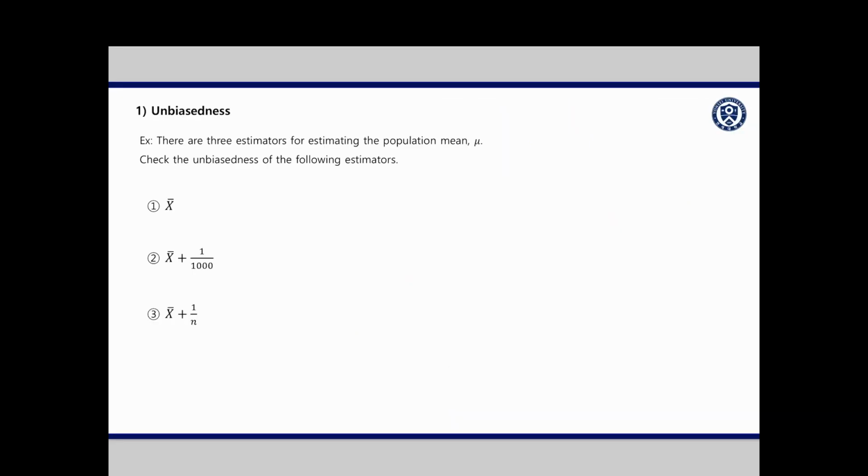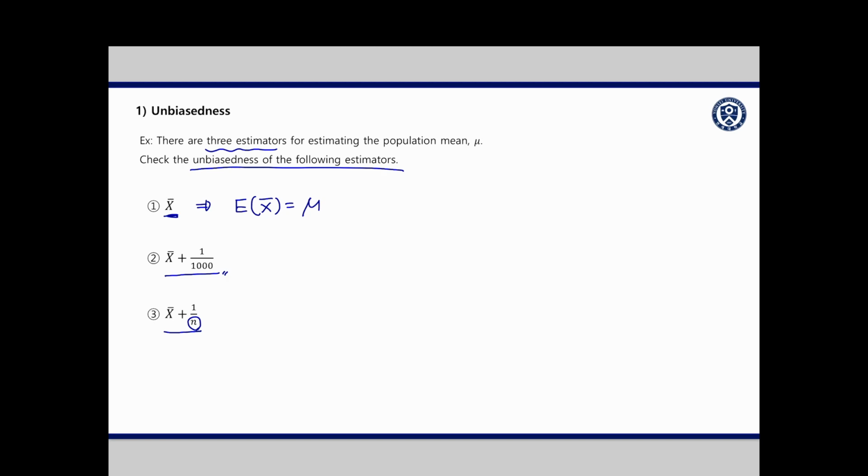There are 3 estimators for estimating the population mean mu: x bar, x bar plus 1 over 1000, and x bar plus 1 over the sample size n. Let's check the unbiasedness of the following estimators. The x bar is an unbiased estimator of mu.